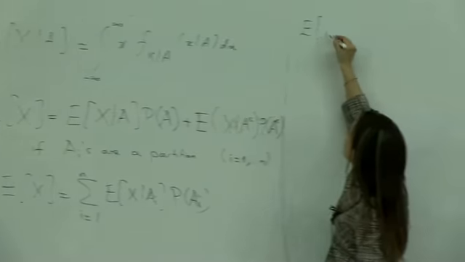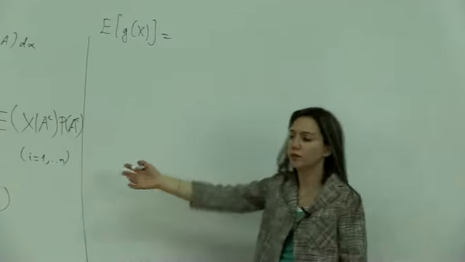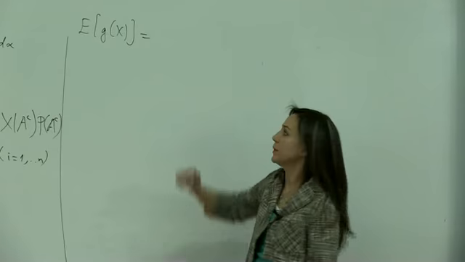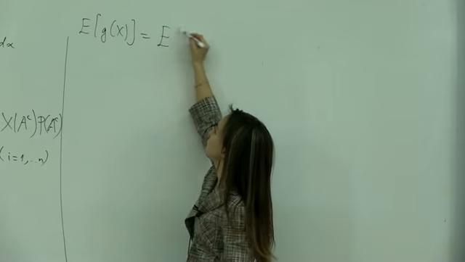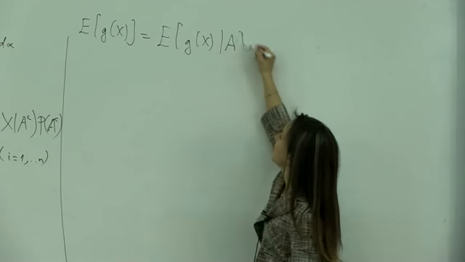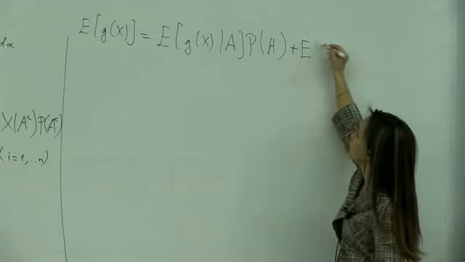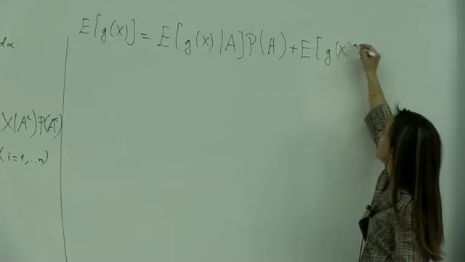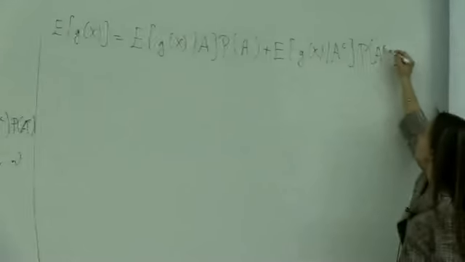The expectation of g of x can also be found using the total expectation theorem as the expectation of g of x given A times the probability of A plus the expectation of g of x given A complement times the probability of A complement. Let's use these in an exercise.